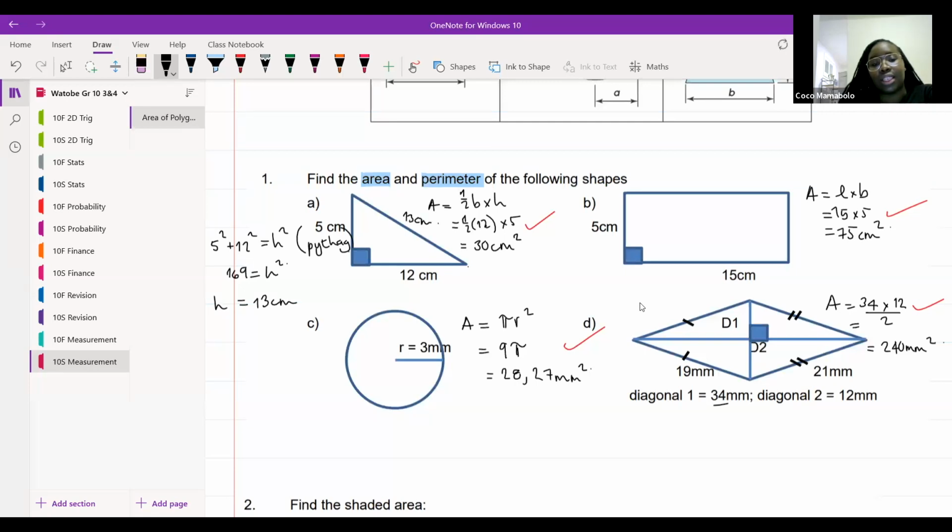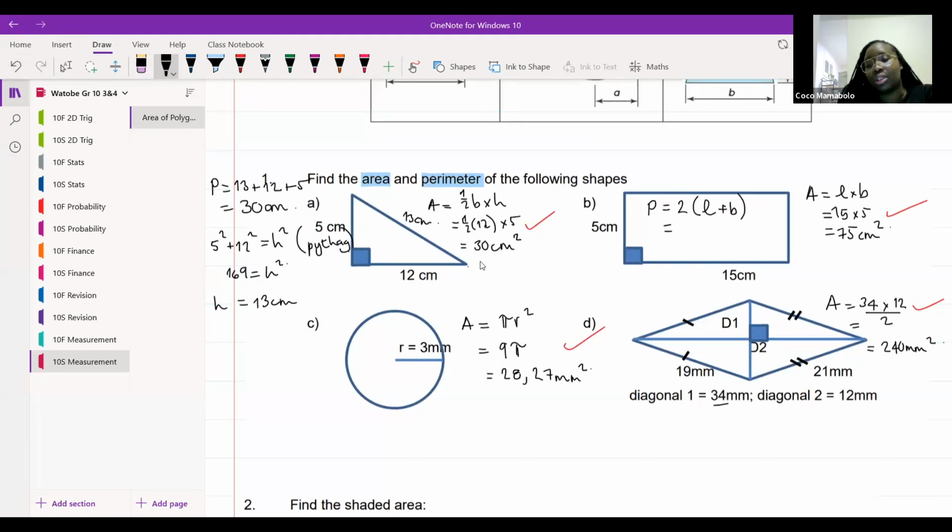So this side over here is 13 centimeters. Now, if we want to calculate for the perimeter, we're going to add all of those together. 13 plus 12 plus 5 is equal to 30 centimeters. That's the answer we want. Well done, Pascal, correct. The perimeter of a rectangle is just 2 multiplied by the length plus breadth.